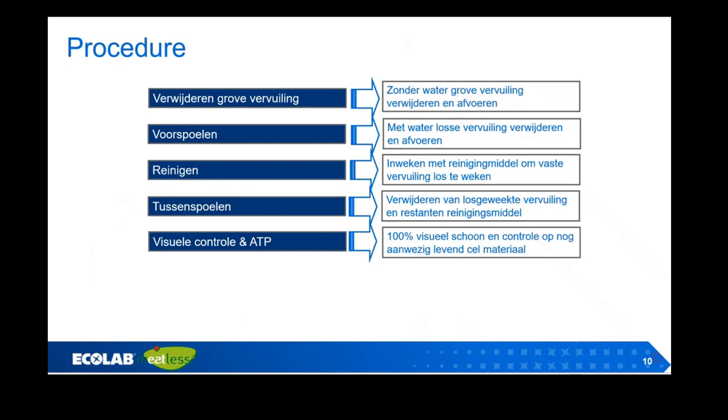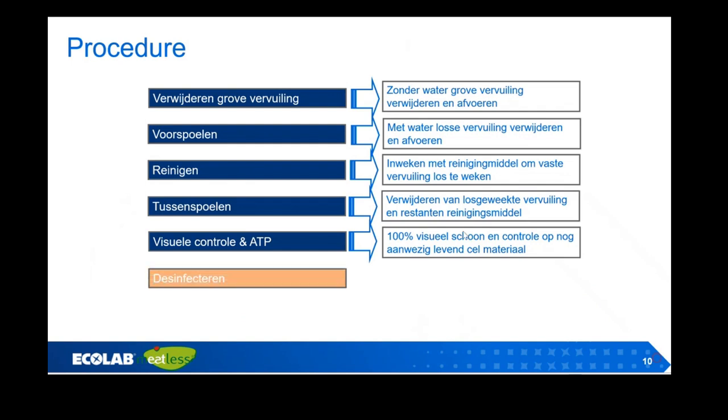Then you have the fifth step, the visual check. So you check if everything is visually clean, and you can also do that with ATP. ATP is to check if there are still living microbes on the surfaces.